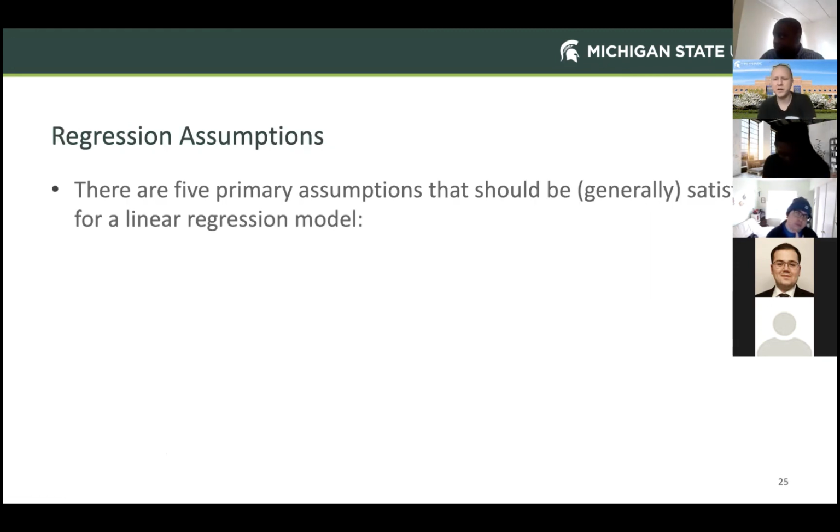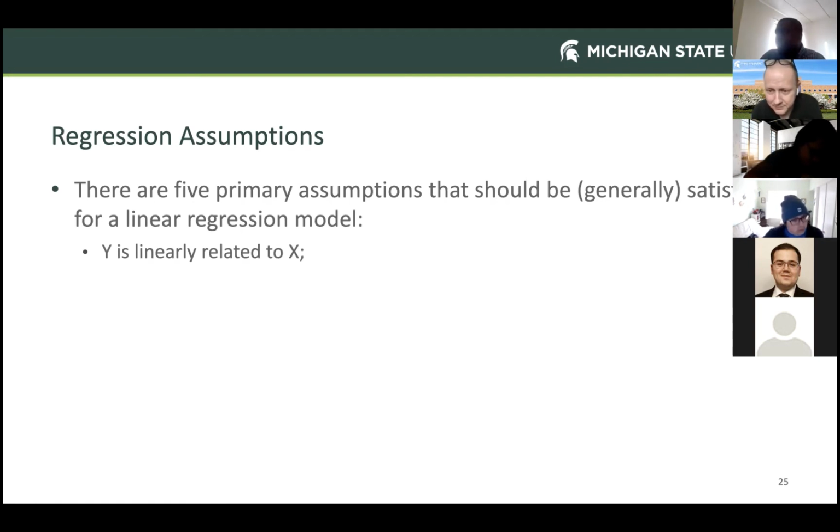The other thing we talked about towards the end of last week were the underlying regression assumptions. The first of those is that y is linearly related to x. How do we assess that assumption? How do we determine if y is linearly related to x?